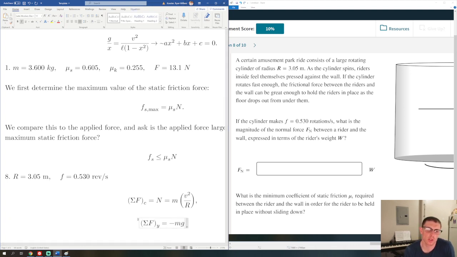And so we want to solve for the minimum coefficient, but we will think about the maximum friction force here, as I think I've said we usually can do. This is 0. So let me say max, just to be clear.